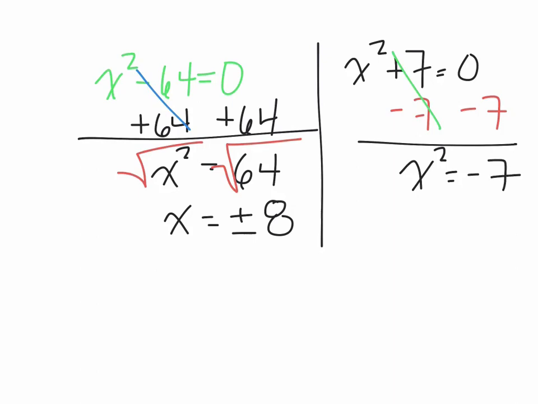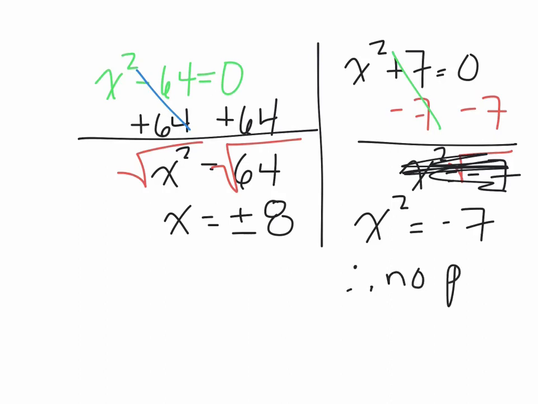And because we can't take the root of negative 7, that would make no sense. It's not possible to have a number multiplied by itself to get negative 7. So as a result of that, we'd just say x squared equals negative 7, and then you would say, therefore, no possible solution.